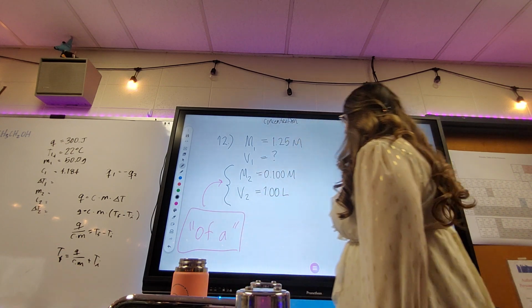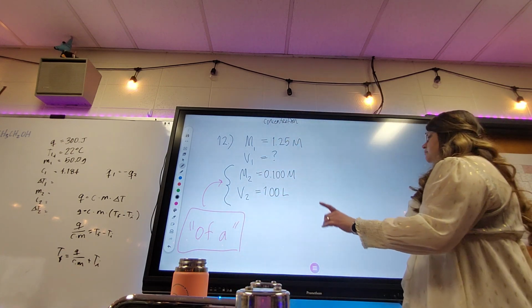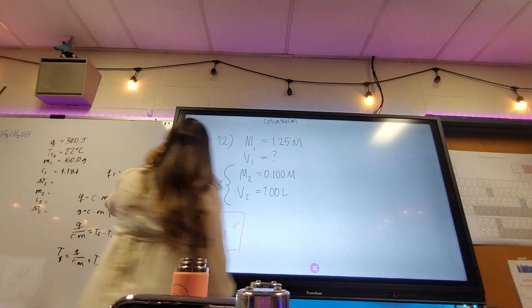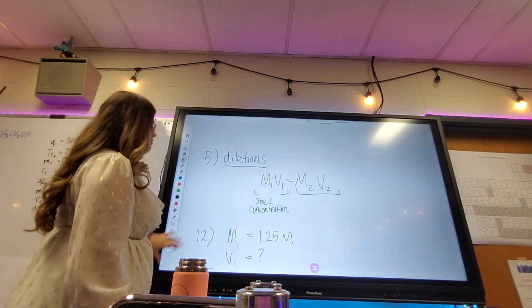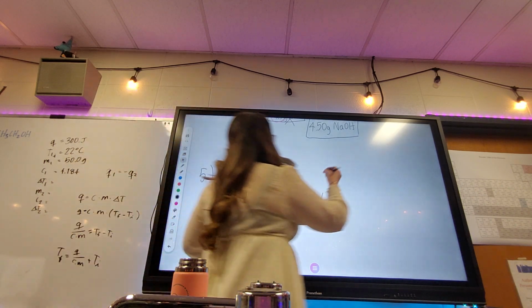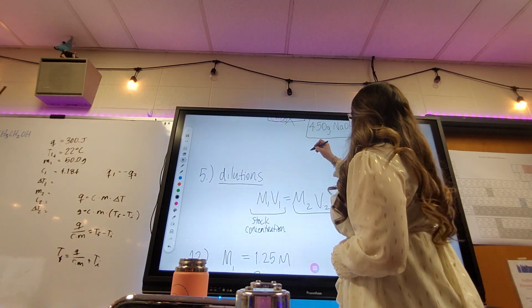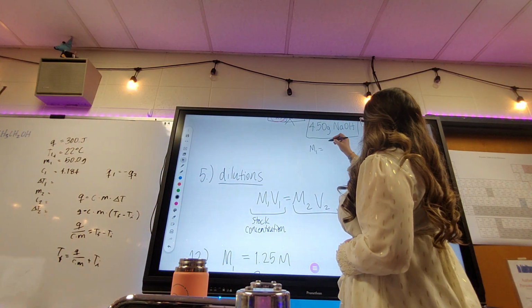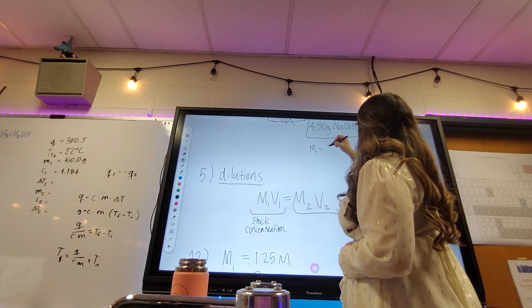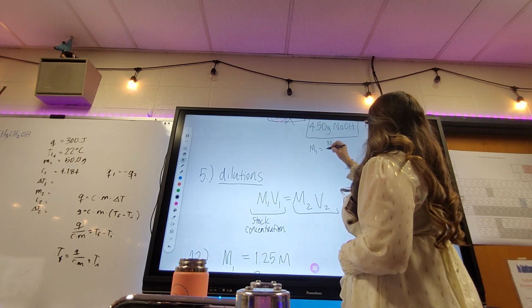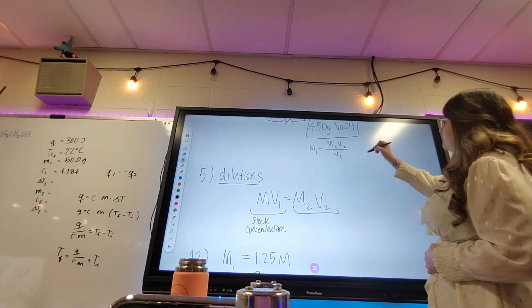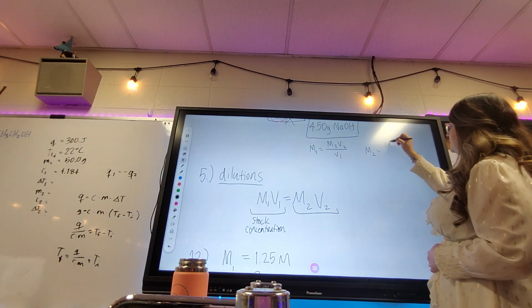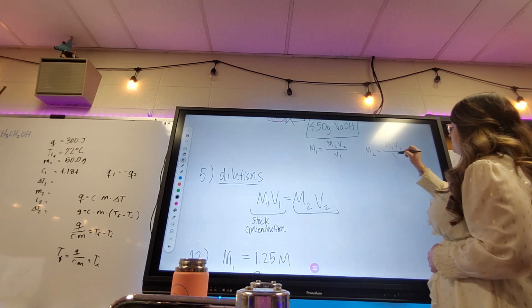Okay, so if that's the case, maybe before this in your notes or maybe on your purple sheet, do you want your formulas? Do you want your algebra? Okay, so if you solve for M1, it'll be M2V2 divided by V1. If you're solving for M2, M1V1 divided by V2.